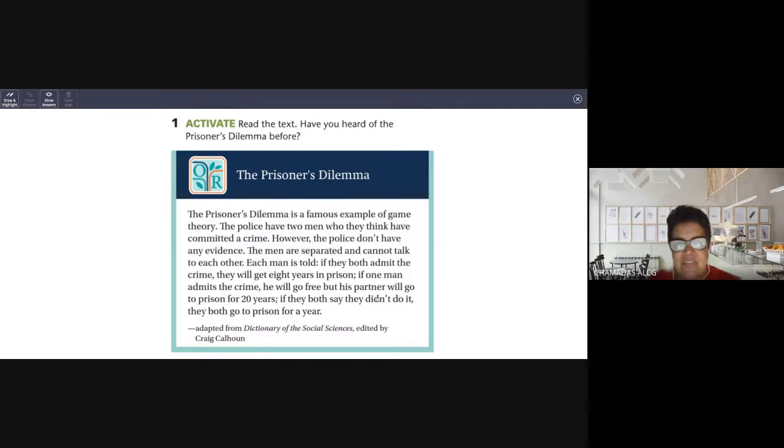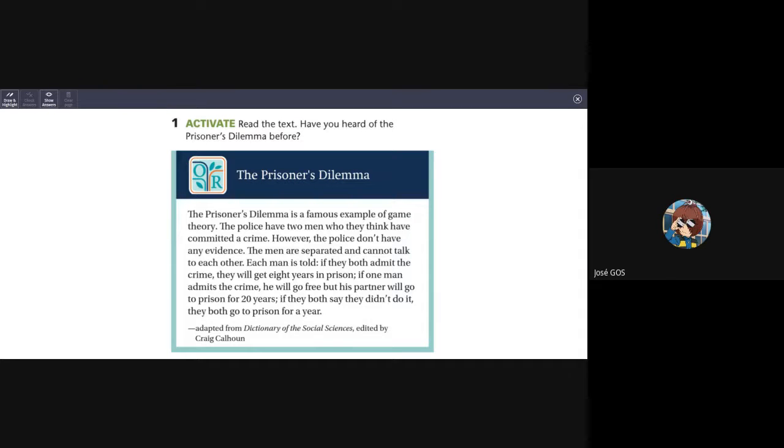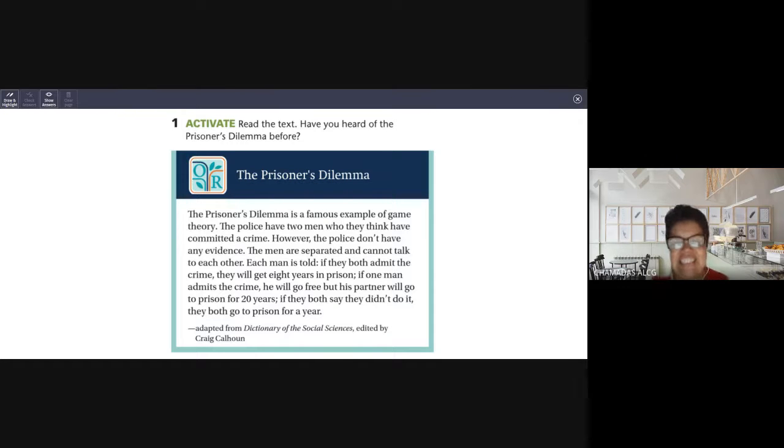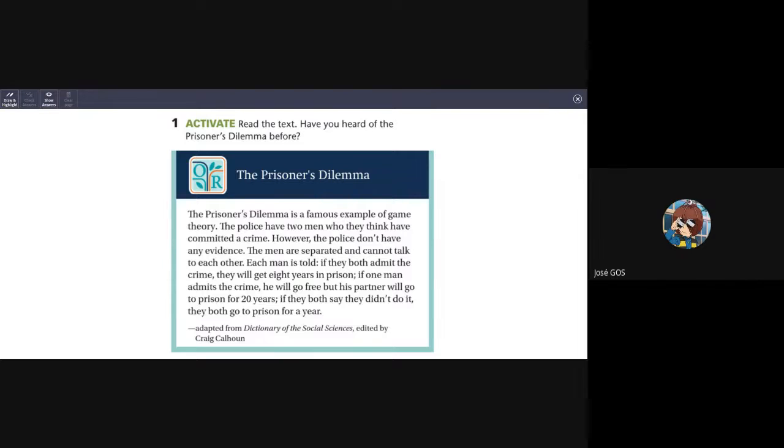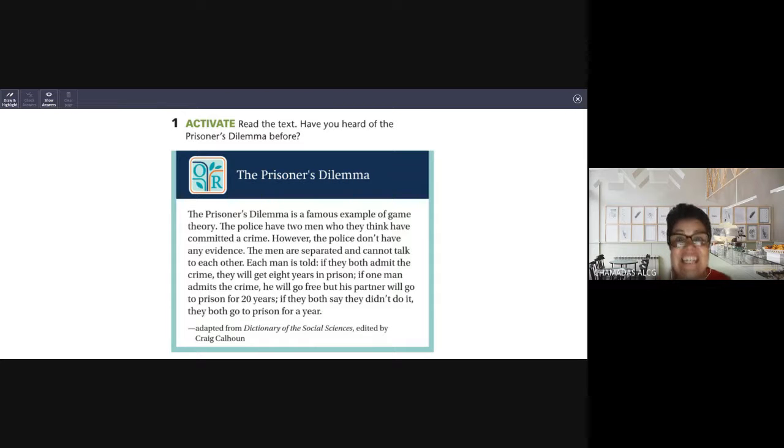Then if one man admits the crime, he will go free, and then you will go to prison for 20 years because you said you didn't. Yeah. You see? Imagine if you didn't do anything. Suppose you are innocent. You are not guilty.